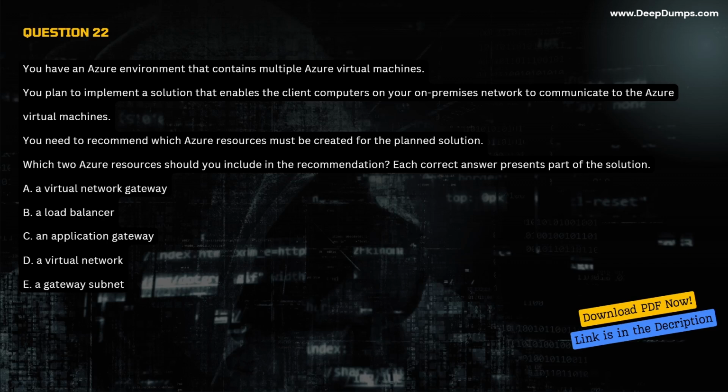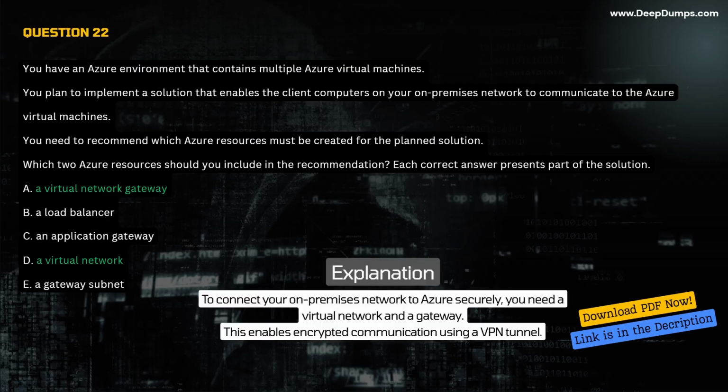B. A load balancer. C. An application gateway. D. A virtual network. E. A gateway subnet. Correct answer is A and D. A virtual network gateway. A virtual network. Explanation: to connect your on-premises network to Azure securely, you need a virtual network and a gateway. This enables encrypted communication using a VPN tunnel.